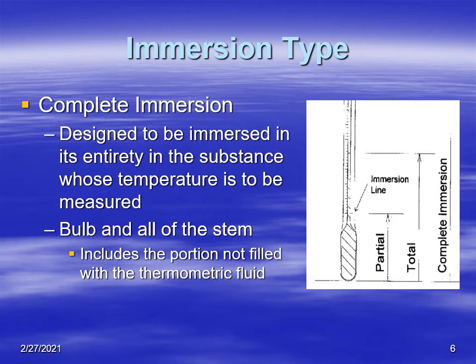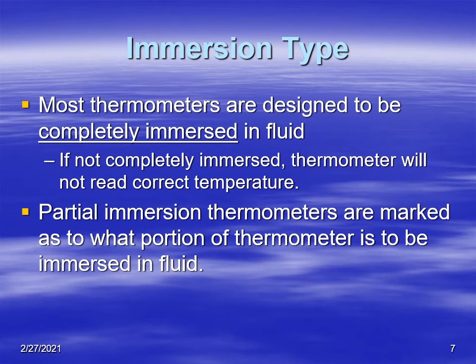So the complete immersion, the bulb and all of the stem, including even the portion of the stem that does not have thermometric fluid, in other words, the alcohol or the mercury in it. Most thermometers are complete immersion thermometers. If they're not complete immersion thermometers, then typically they have a marking on them showing to what portion they need to be immersed in the fluid that they're trying to measure.